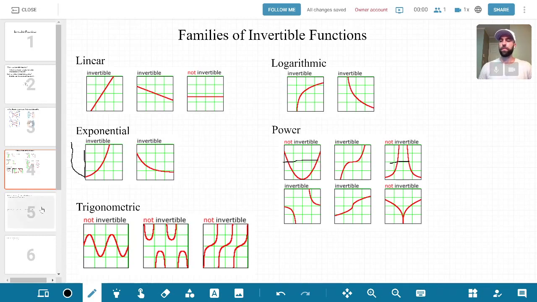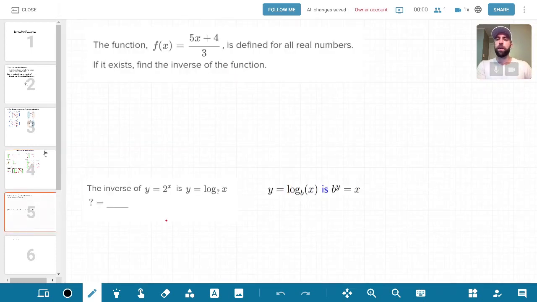Let's look at some examples of how we solve it. Alright, the function f of x equals (5x plus 4) divided by 3 is defined for all real numbers. If it exists, find the inverse of the function.